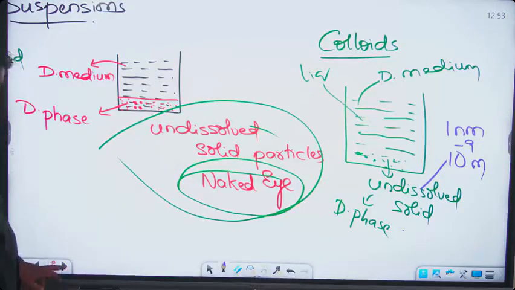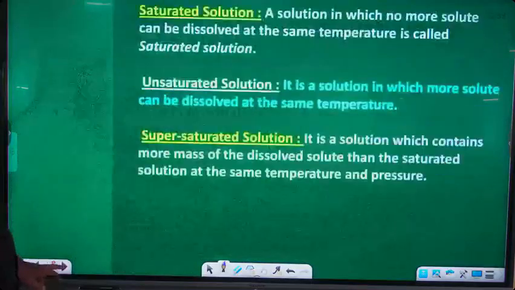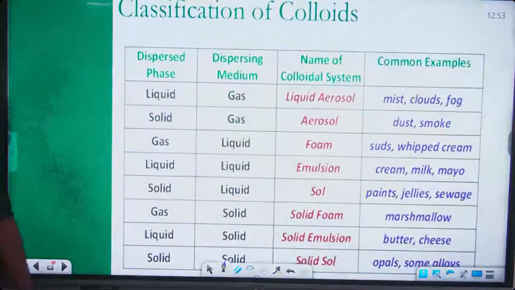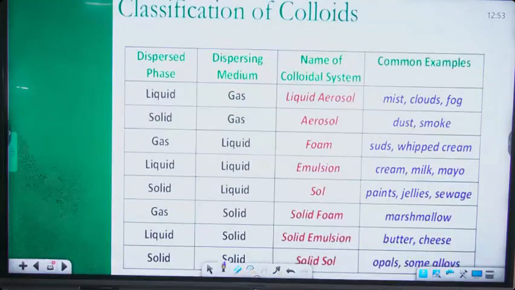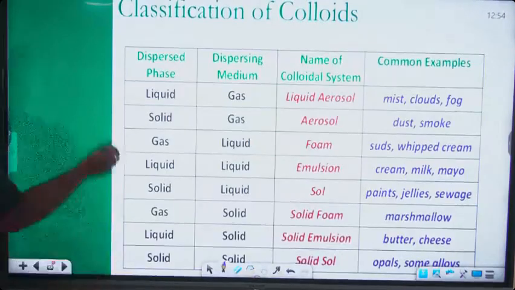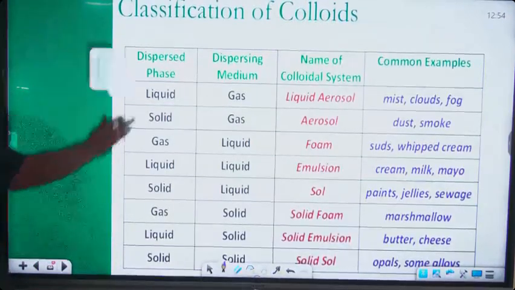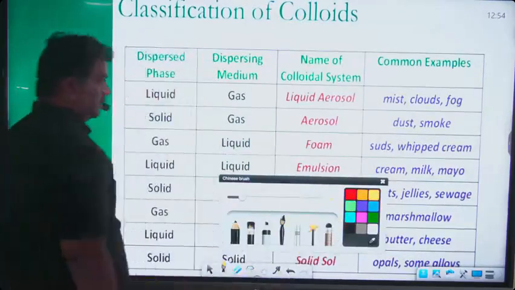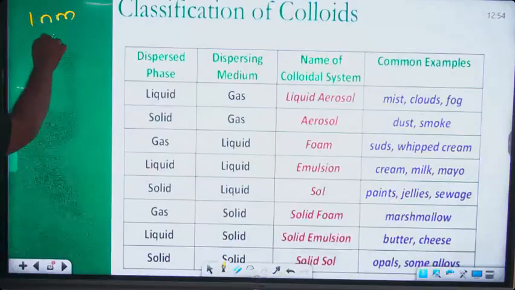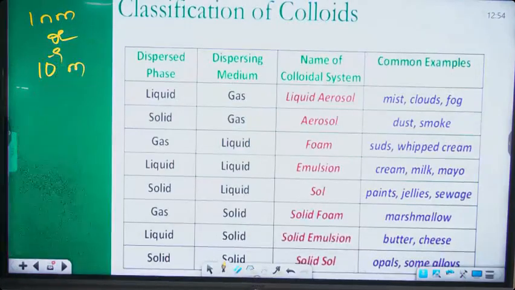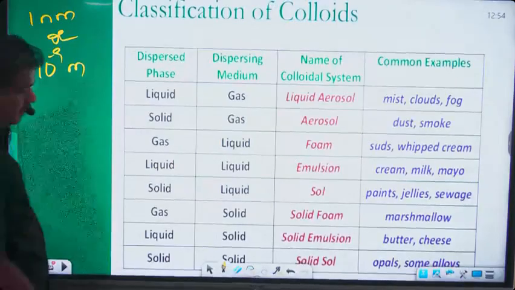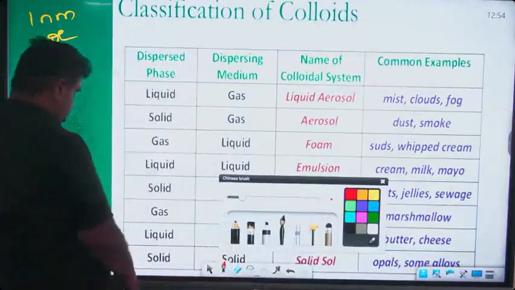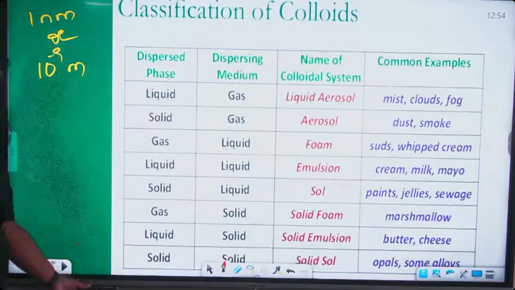Colloids. A heterogeneous mixture in which undissolved solid particles of the size 1 nanometer, or 10 power minus 9 meters, are present in a liquid.